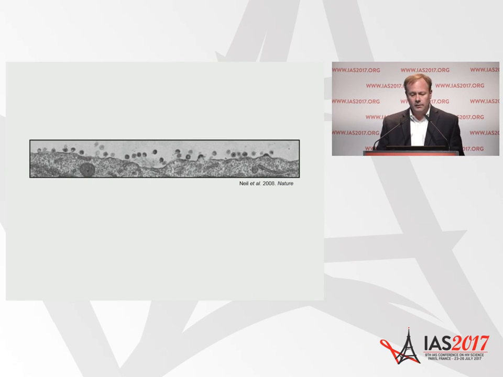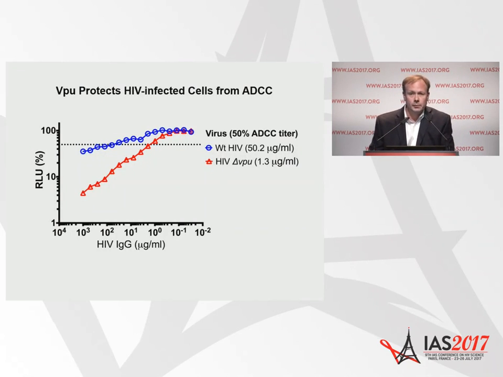It occurred to us that this might make the cells susceptible to recognition by antibodies. So we simply asked how the susceptibility to ADCC compares for cells infected with wild-type HIV versus a Vpu-deleted strain. We found that deletion of Vpu increases the sensitivity by approximately 50-fold, indicating that, in fact, Vpu is protecting HIV-infected cells from ADCC.